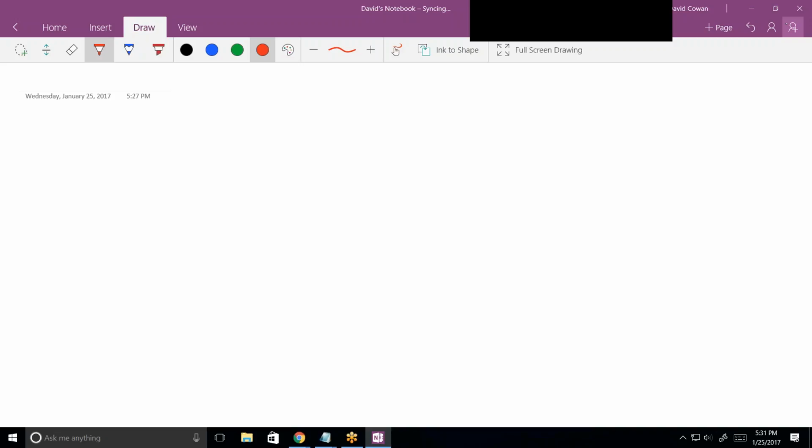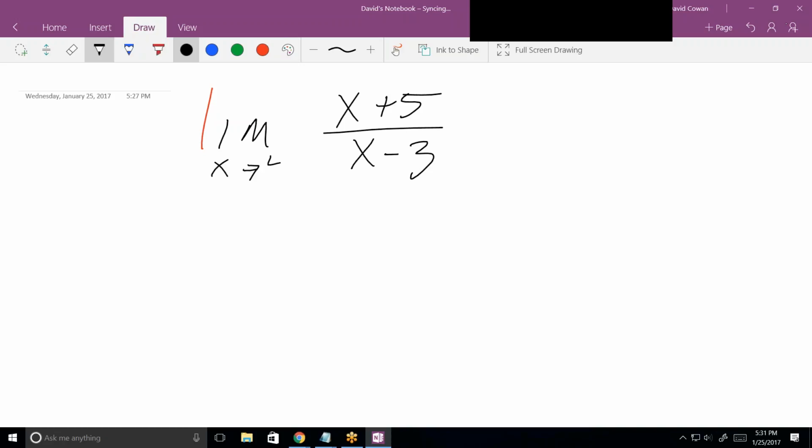Okay. Let's talk about limits for a moment. What is the limit of x plus 5 over x minus 3 as x goes to 4? 9. Okay. So you're familiar with substitution. What's the limit of 1 over x as x goes to 0 from the right?